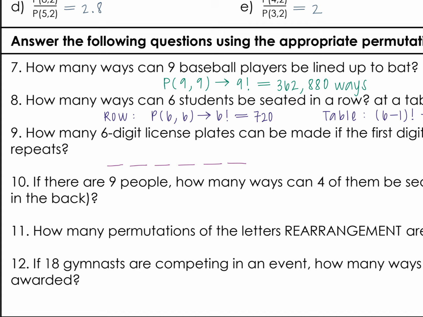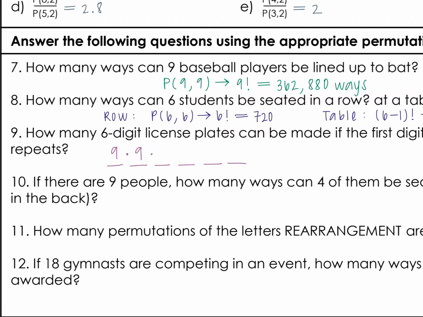And when we pick for my first one, they said that it just can't be a 0, which means it could be 1 through 9, which gives me 9 options. When I go to make my next choice, I know it can't repeat. I know I have one less, which would be 8, except I can now have that 0, which means I go back up to 9.